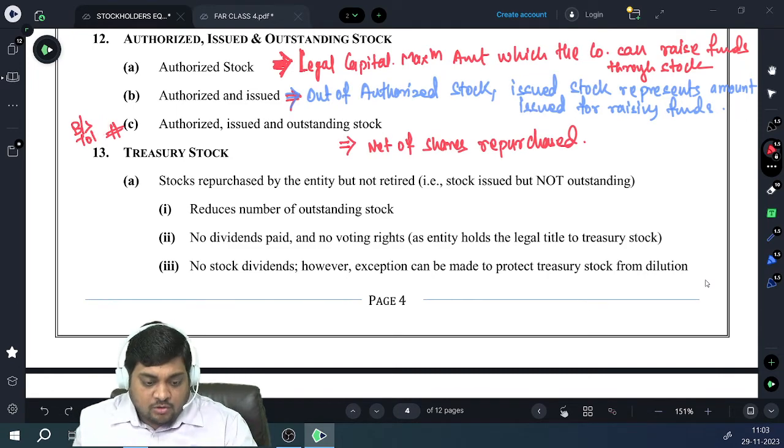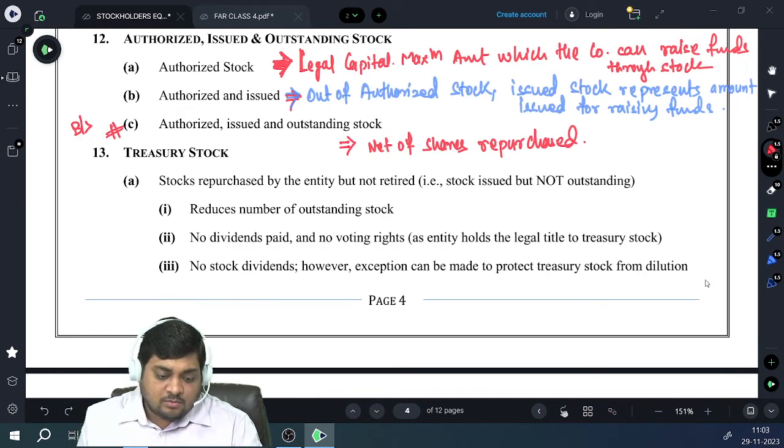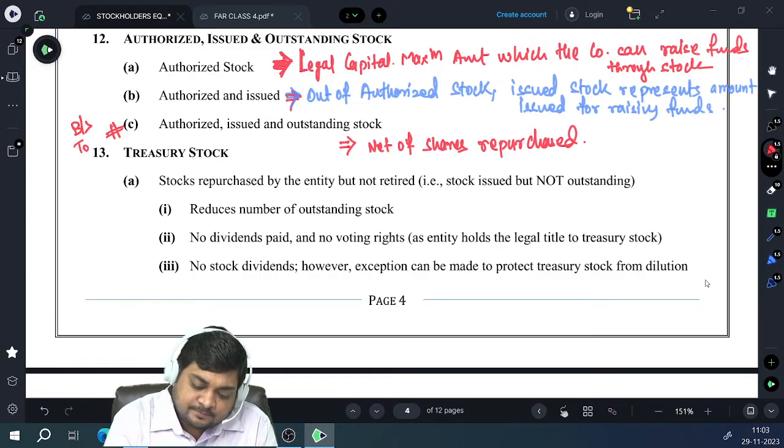When we talk about stockholder equity, this is the total which forms part of balance sheet total.